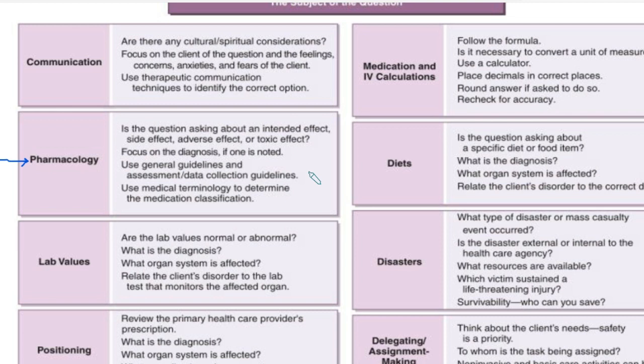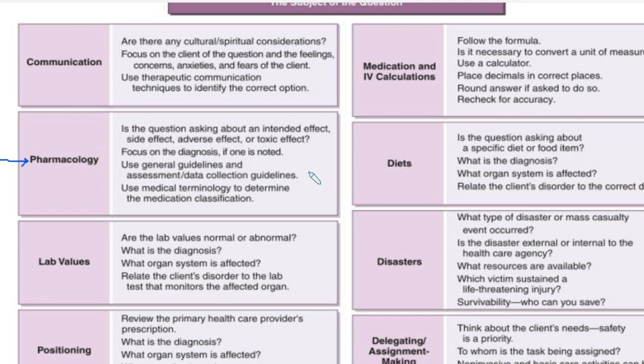Focus on the diagnosis. They do give us a diagnosis, so we are going to focus on that diagnosis. Renal transplant. What meds do they get during a renal transplant, or to help them recover and have a positive response from that kidney transplant? They're going to need an immunosuppressant.